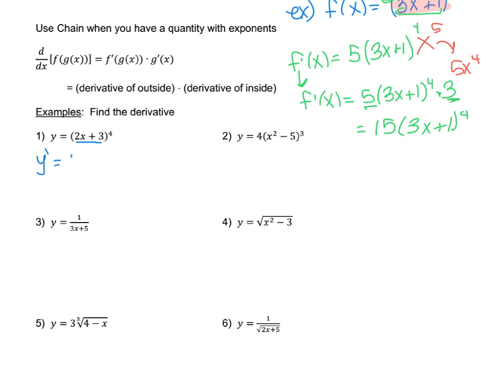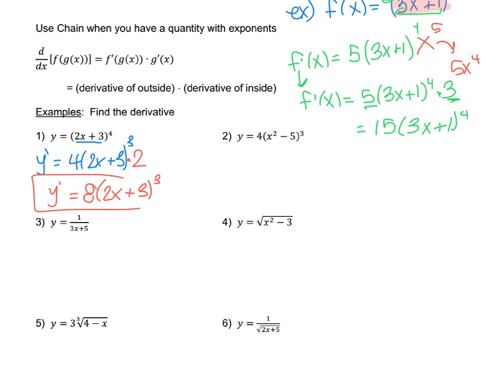So that would be 4 times 2x plus 3 raised to the third power. Then I differentiate the inside function, 2x plus 3, which is just 2. Then I multiply or simplify. 8 times 2x plus 3 cubed. And that's it. Okay, let's do another one.